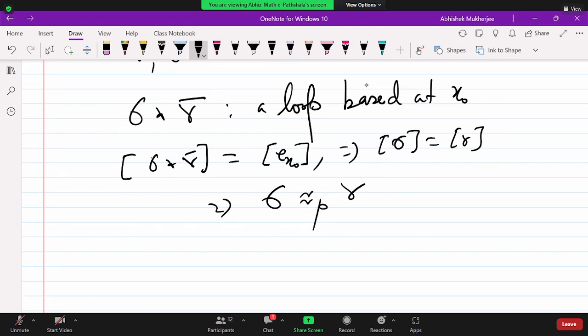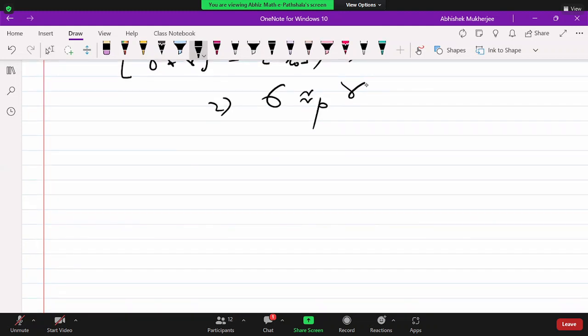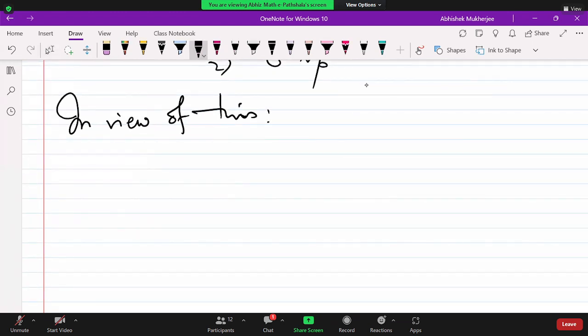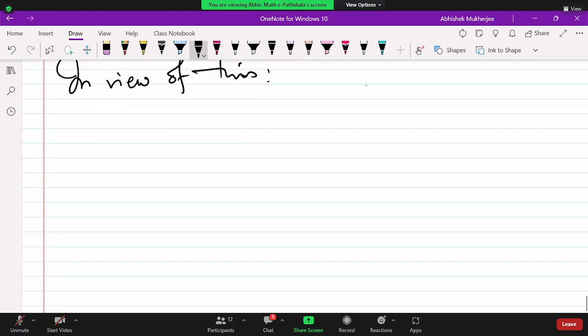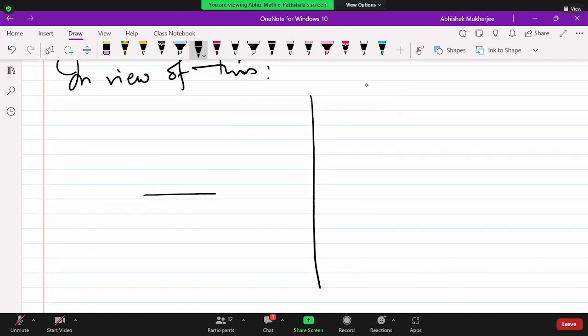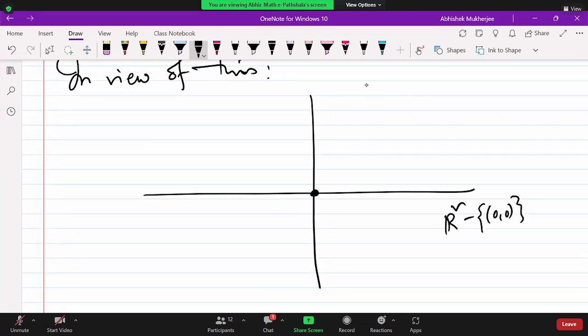And in view of this, let us have a look at the punctured plane. Suppose you are taking out the point 0, 0 from the plane, and now you consider the semicircle here.